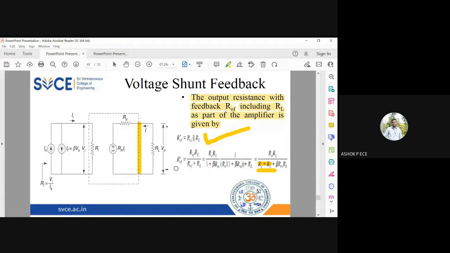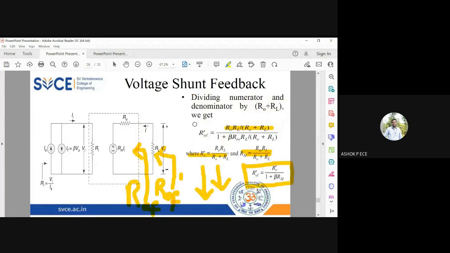See, in practical application of problems, we will not be using all these big expressions. It is just derived for your theory portion. In practical examples, we will be directly substituting the values and finding the value of R naught F and R naught F dash directly. Don't think you have to remember all these big formulas for solving problems. No. Whenever a theory question comes, that too you are going to derive this. So you need not learn anything by heart, or remember how the expression will look, because it is already very big.